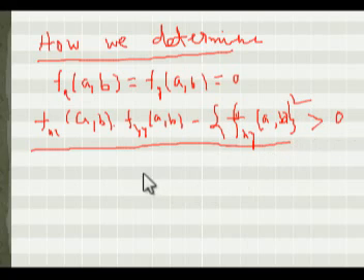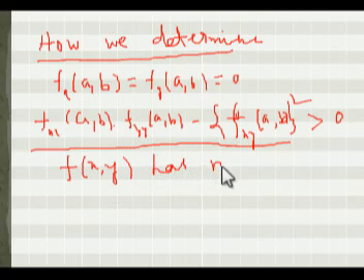If this is satisfied, then we can say that f(x, y) has maxima or minima. And if less than 0, then we can certainly say that it has no maxima or minima.